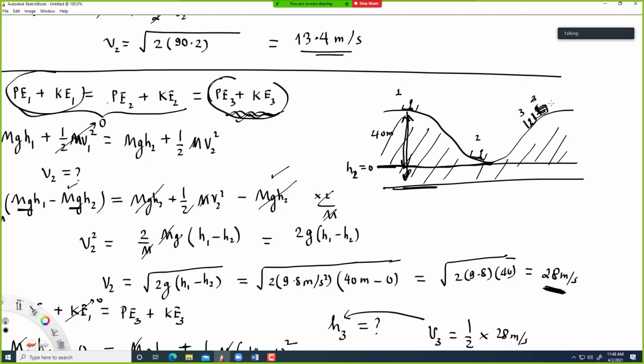If you go all the way here at the same level as 1, then what would be the energy at that point? It would be the same as the energy here, right? Or in other words, I can ask you how high will it go before it comes to rest? As high as that one, right? Because the energy is still there.